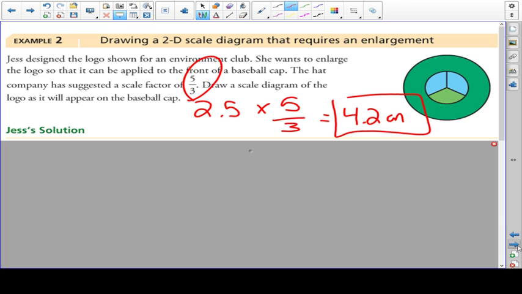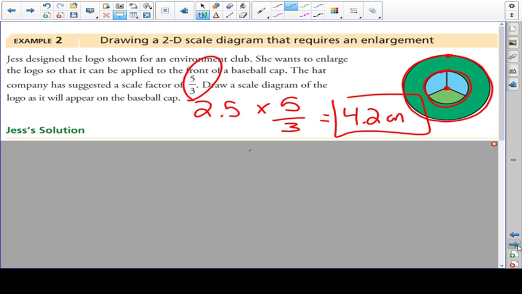For 4.2 centimeters, we would have to measure with a compass this distance. It'd be half of this, so it'd be 2.1. So we would separate it to a distance of 2.1 centimeters, draw our circle. Then we'd have to do the same thing with this inner circle.